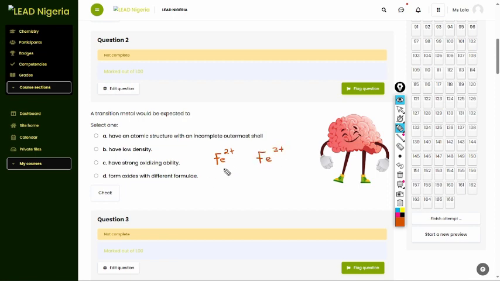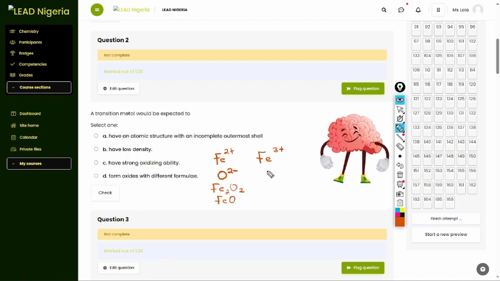If iron 2 forms a compound with oxygen, oxygen has the oxidation state of -2. So when the two of them combine, we'll have a compound Fe2O2. What happened is that they just exchanged their valencies. The valency here is the 2 we see without the charge. So since the subscripts are the same, we just have a formula FeO.